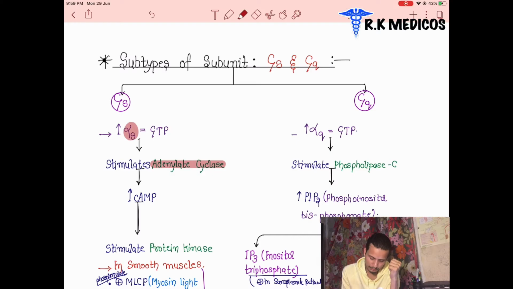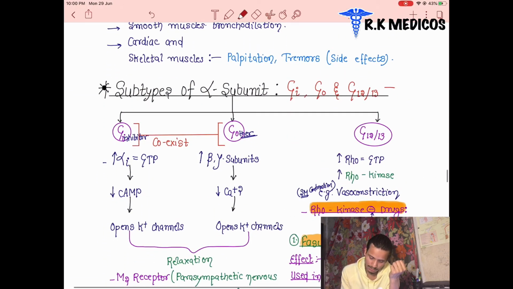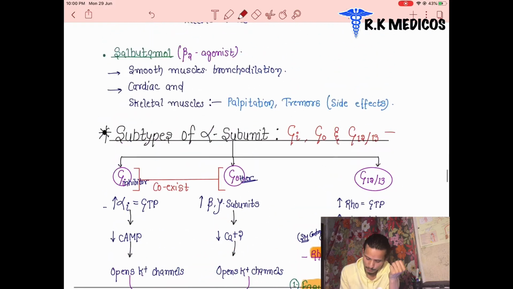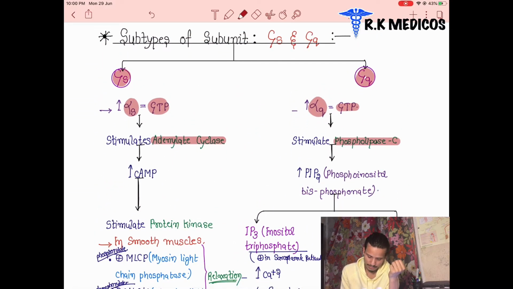It acts through the enzyme adenylyl cyclase; alpha GS is the stimulatory one. It acts with GTP, and its enzyme is adenylyl cyclase. GQ acts with GTP, and the enzyme is phospholipase C.